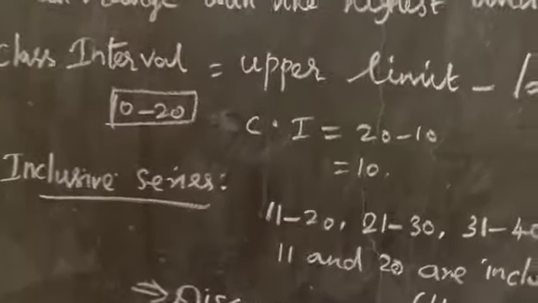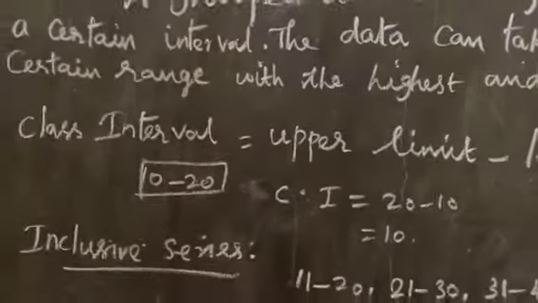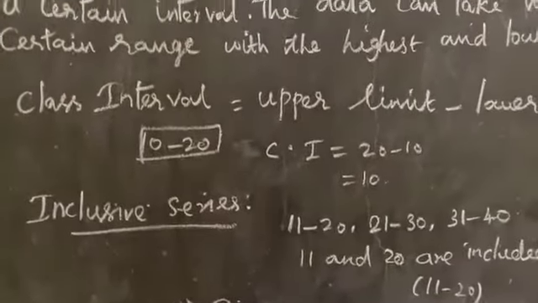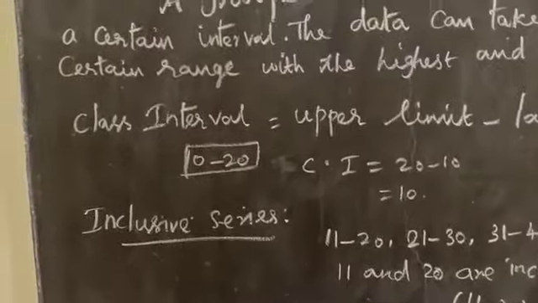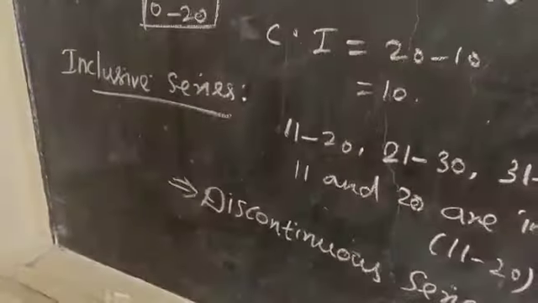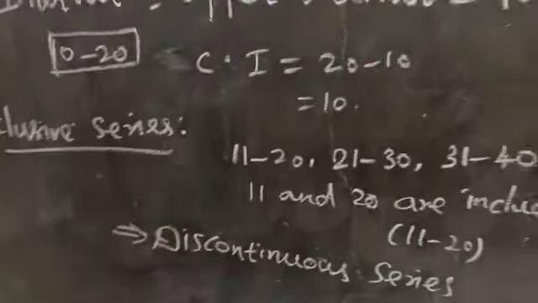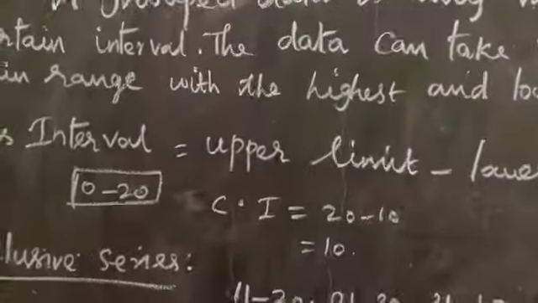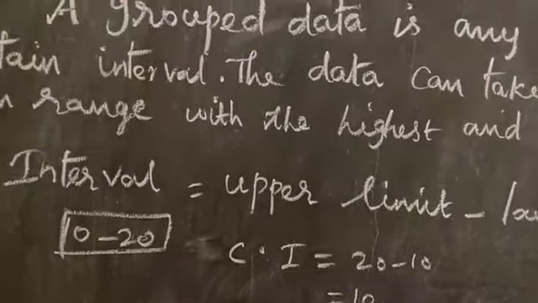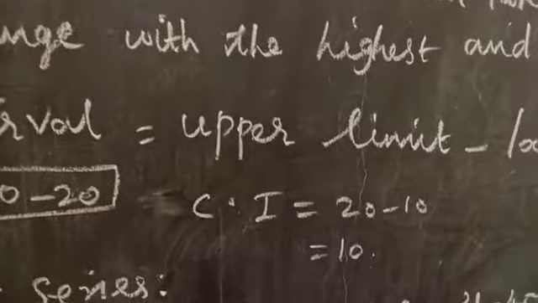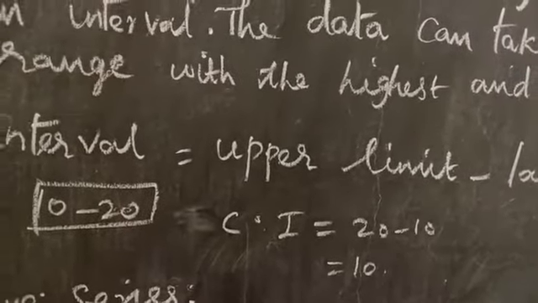Listen, in this topic we have to learn the inclusive series and exclusive series. Inclusive series: in the class interval, if the upper limit and lower limit are included in the class interval, then it is called the inclusive series.